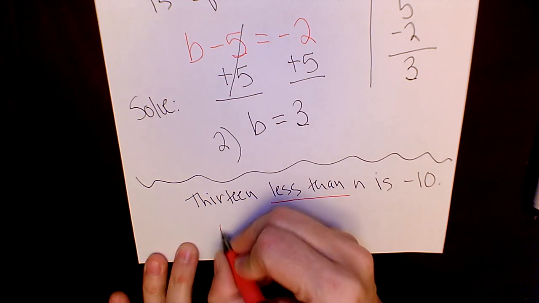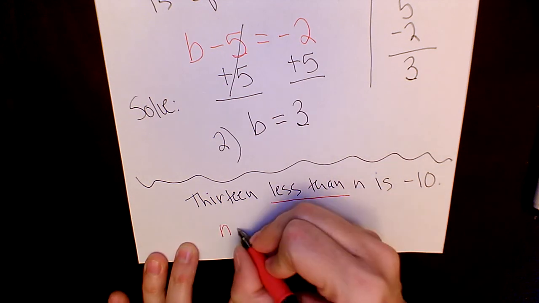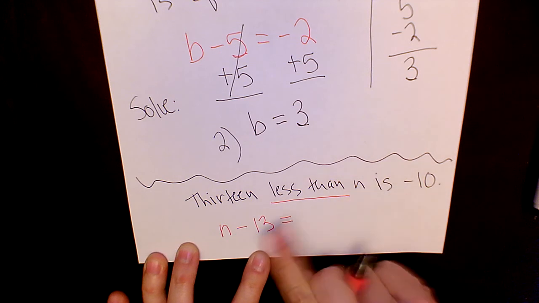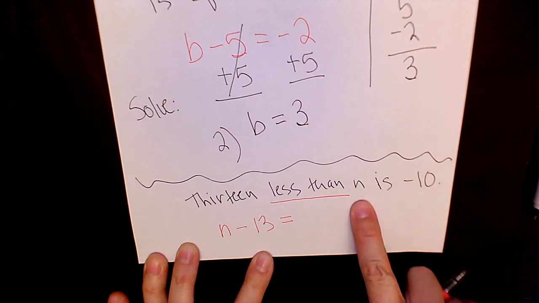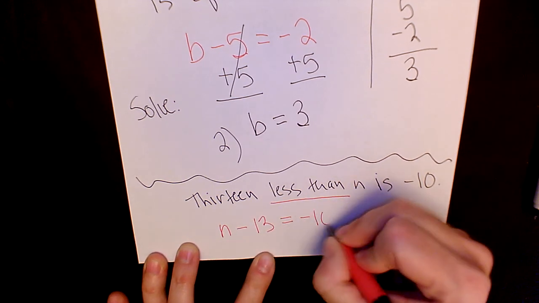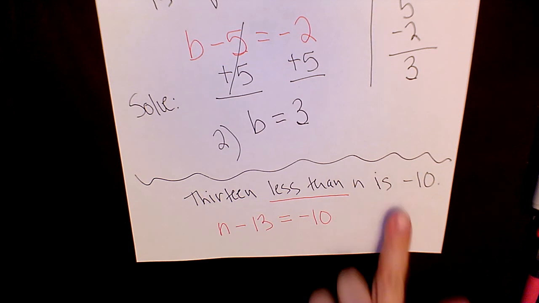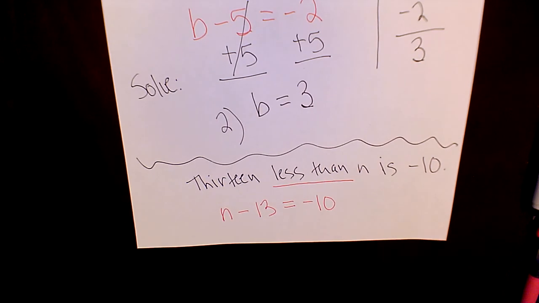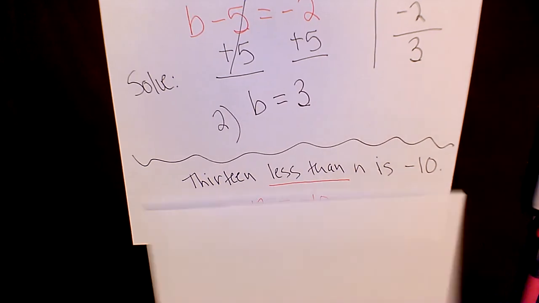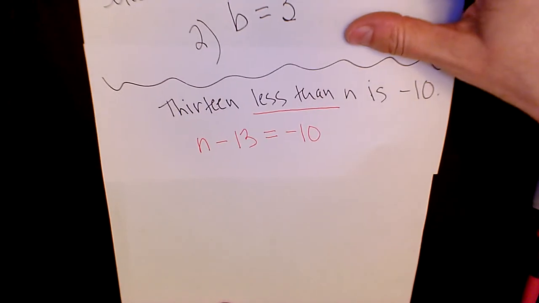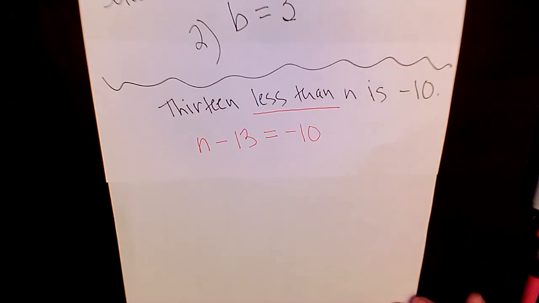So we're going to put n first, so n minus 13 equals negative 10.